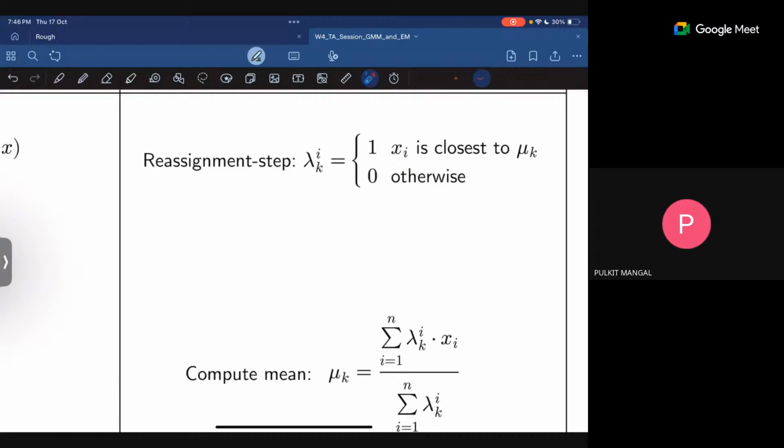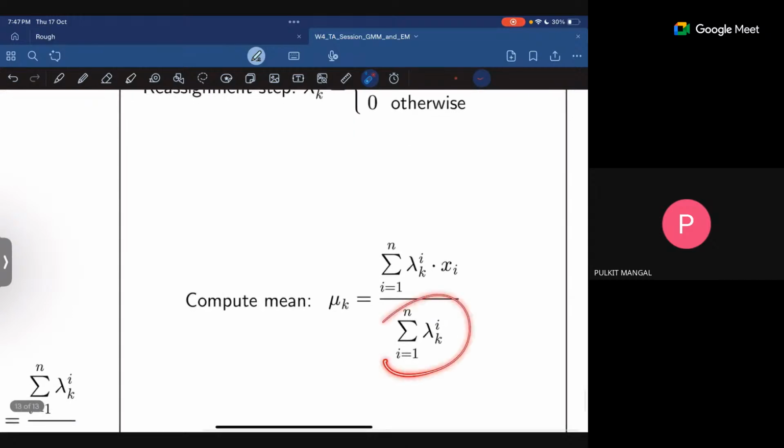It will be 1 when the ith data point belongs to that cluster, and for all others, it would be 0. So the numerator will give us the sum of all the data points that belong to that cluster k, because for all others it would be just 0 times that. And the denominator would be just the number of data points that belong to the cluster k. Is there any doubt?